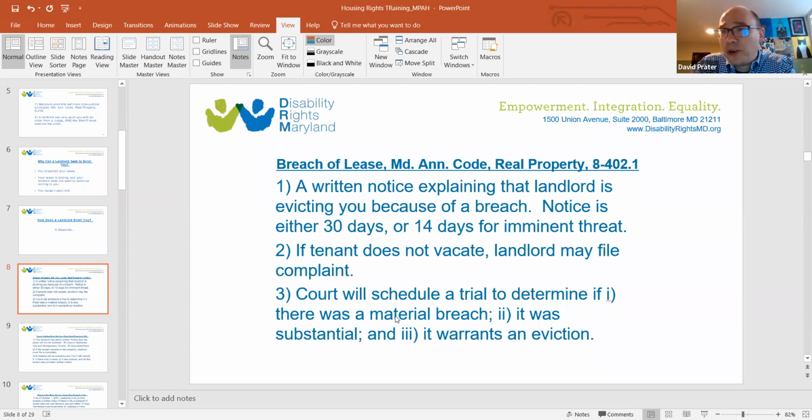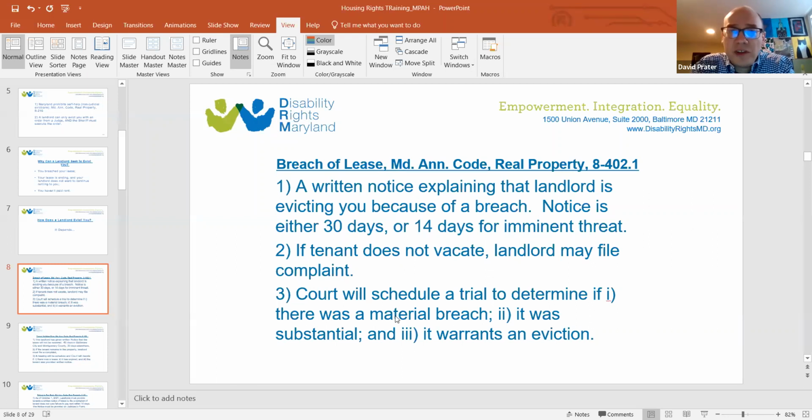Sometimes this is what we call a pre-filing notice, which means that the landlord is requesting that the tenant be out of the property, or the landlord will then file a suit in the District Court of Maryland seeking possession of the residential premises.